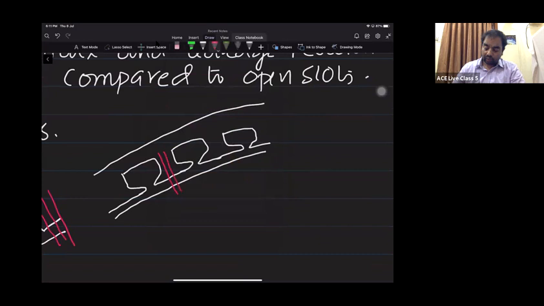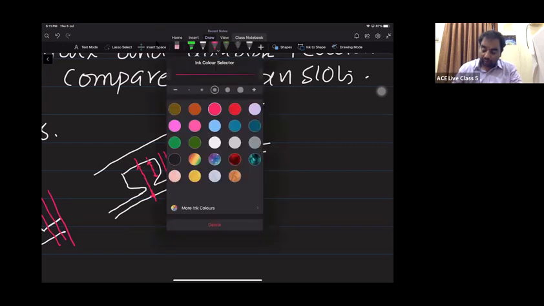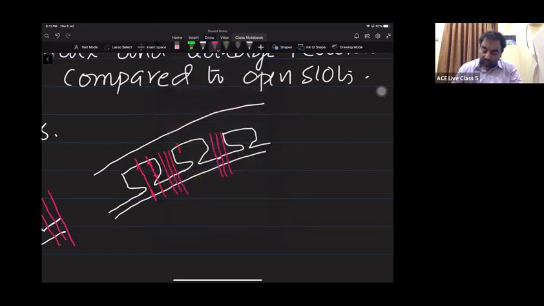There is no doubt in this. But as the slots are partially closed, the length of the air gap is less on the sides of the slots. You can see on the edges, the air gap length is reduced. As a result, the flux lines will try to flow along this path also, on the edges, like this. So there will not be any flux lines flowing on the center.